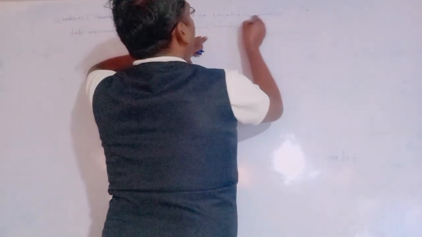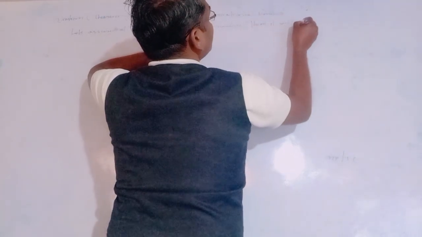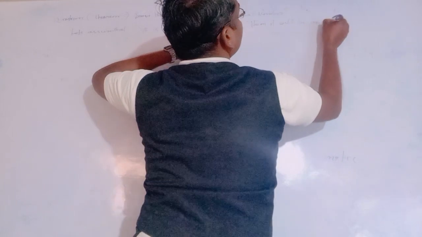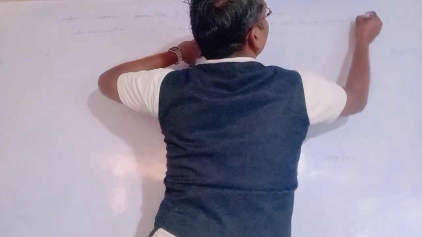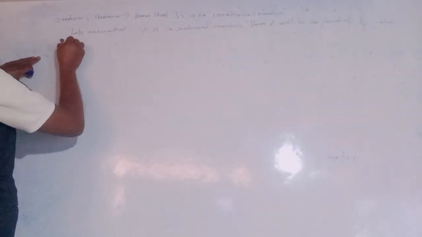Suppose that root 2 is a rational number, then it will be in the form of p by q, where q is not equal to 0.